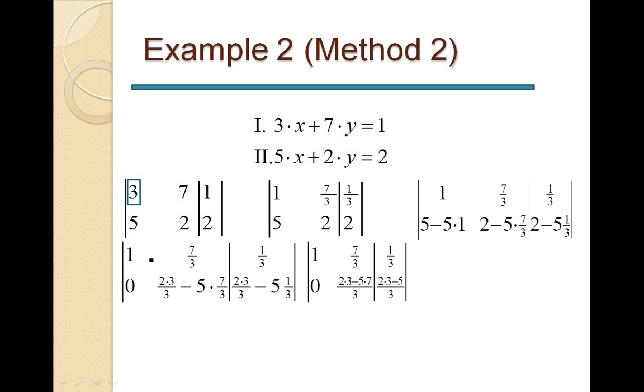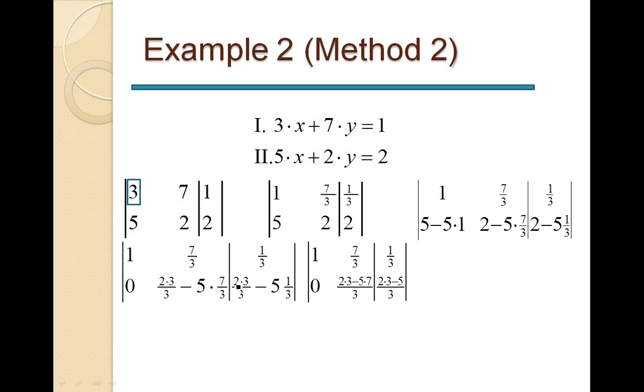This is just the first row. We didn't change anything. 0, 2. Here I did this for the fraction, so we had only 2, but I needed the same denominator, so I multiplied with 3 and divided by 3. So we have 6 minus 5 times 7, over 3. On the right hand side I did it again, because here I have a denominator of 3.